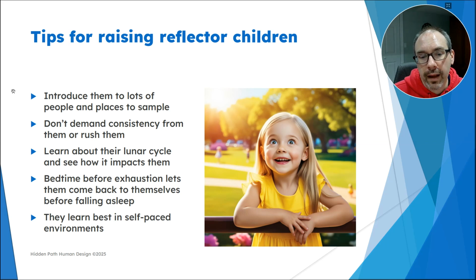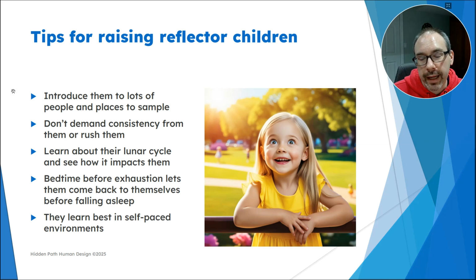Don't demand consistency from these children or rush them, because they learn best in a self-paced environment. So, letting them kind of grow as themselves in a supporting environment is best. Let them sample different things and really feel out what's correct for them. As a parent, you can learn about their lunar cycle and see how the 28-day cycle impacts them.